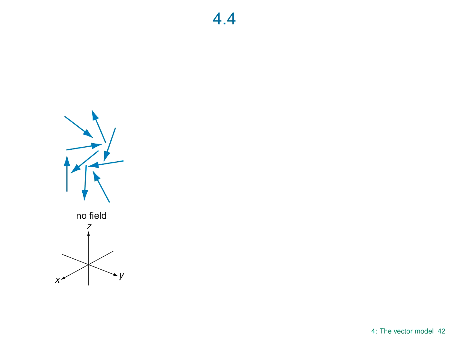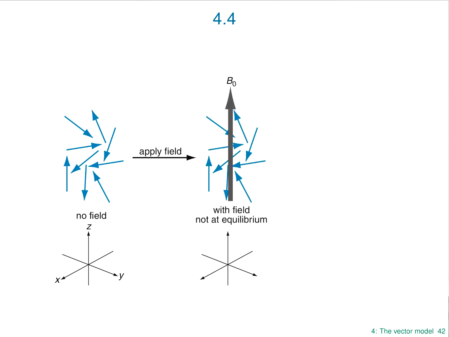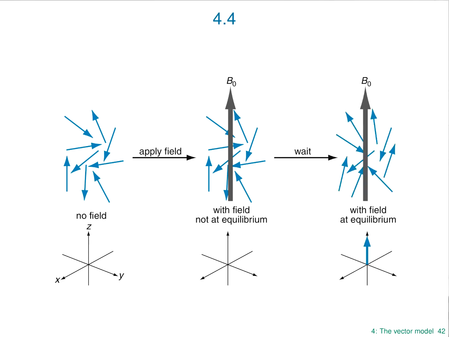So they just point in random directions, and when you add up the total magnetic moment, it comes to 0. So if you put your sample in the magnet, to start with there is no bulk magnetization of the sample. That's what you show there. If there's no field, there's no magnetization. And when you put the field on, there's still no magnetization. What you have to do is wait for a certain amount of time, maybe a few seconds.